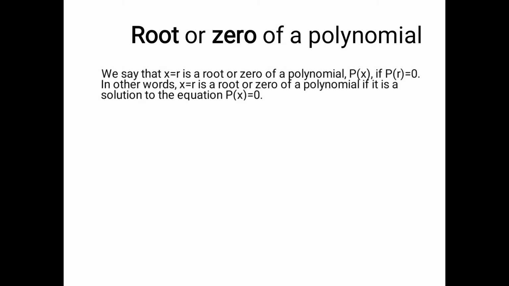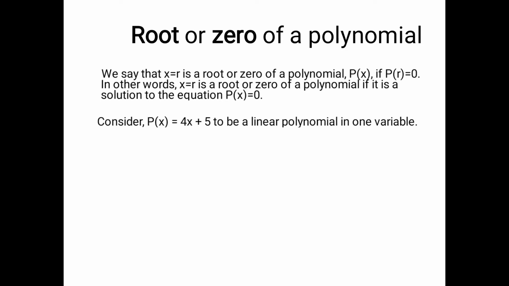Then, root or zero of a polynomial. What is the zero of a polynomial? We say that x equal to r is a root or zero of a polynomial p of x if p of r equal to 0. In other words, x equal to r is a root or zero of a polynomial if it is a solution to the equation p of x equal to 0.